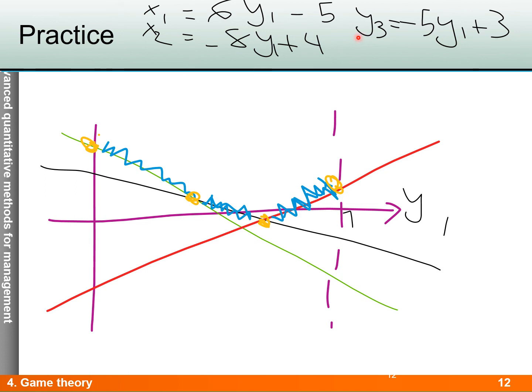And x3 is equal to minus 5y1 plus 3. Okay, so if I draw these 3 lines, this line, this line, and this line, easily, as I told you, for drawing a line I need 2 points of that. Okay, I draw these 3 lines.